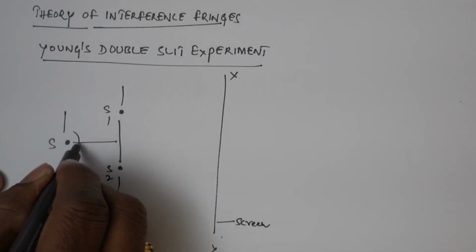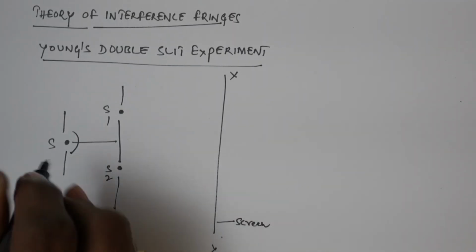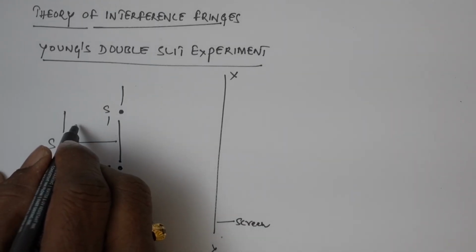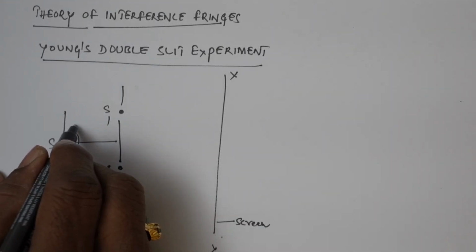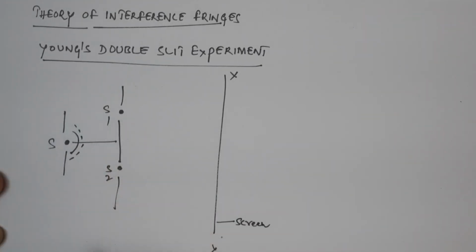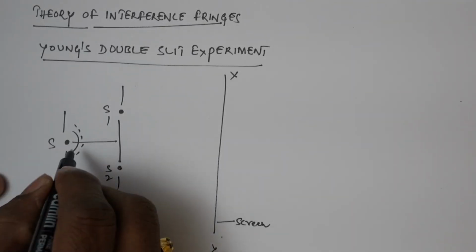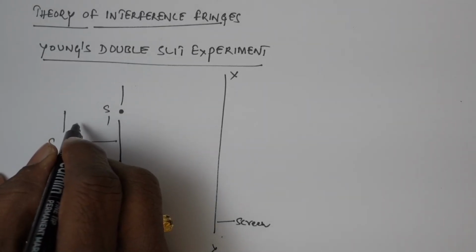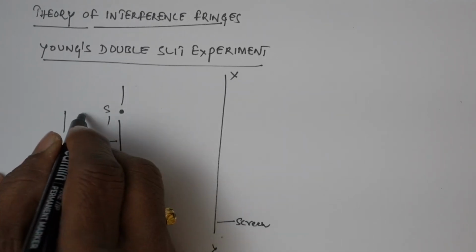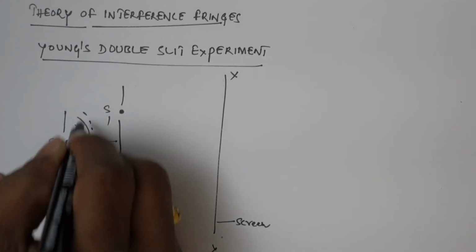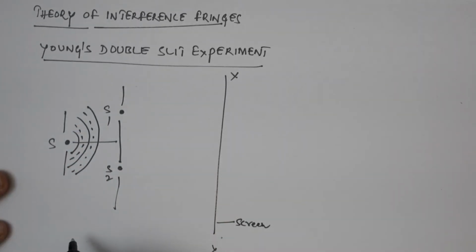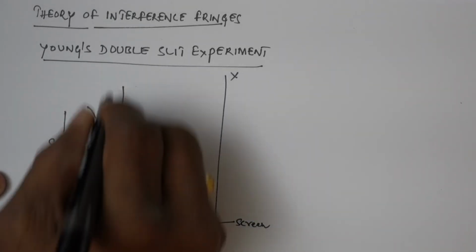This is called a circular arc, and I can call it a wave crest. This is called a dotted circular arc. I can name it a wave trough, and one crest and one trough are produced like this. And these S1 and S2 are the two narrow pinholes.